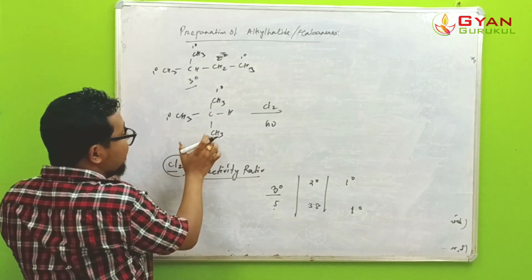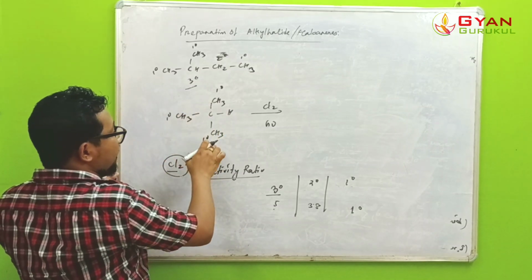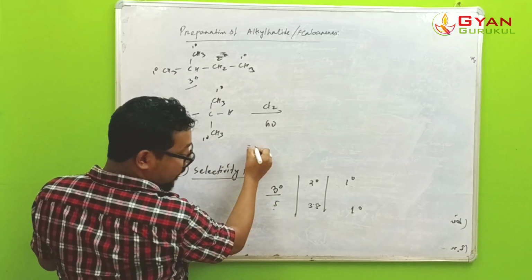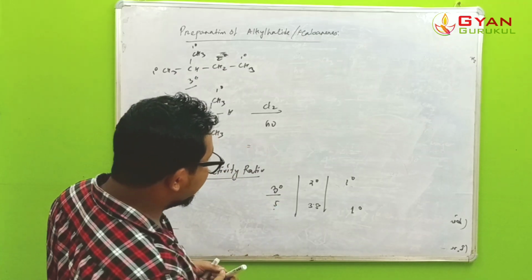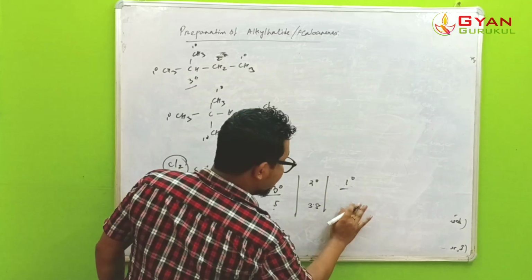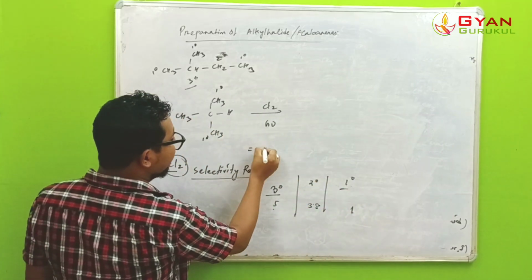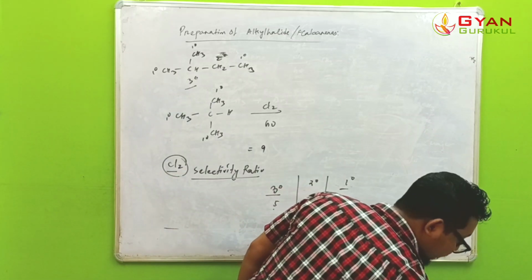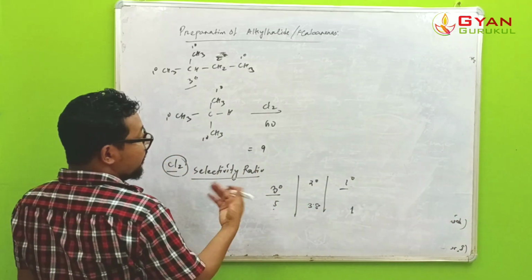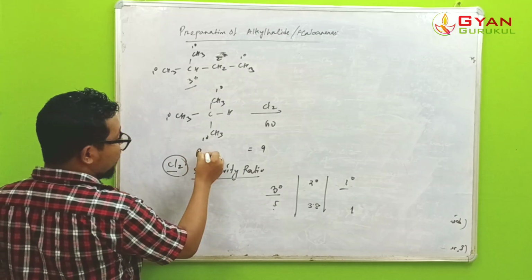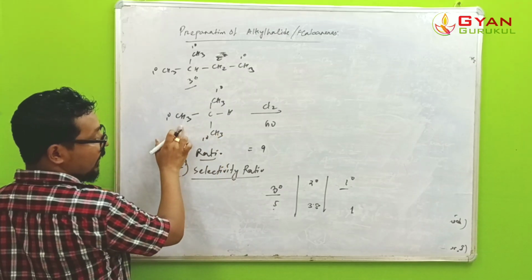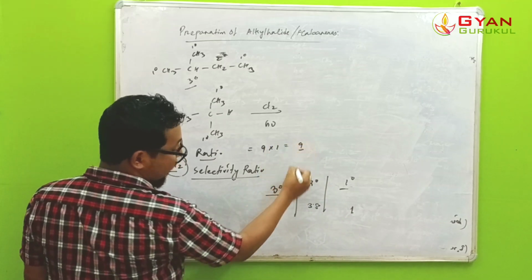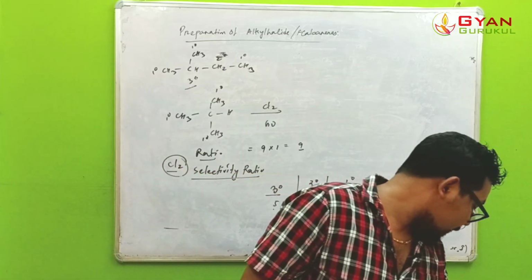Primary carbons are 3, and hydrogens are 9. The selectivity ratio for primary is 1, so 9 into 1 gives 9.